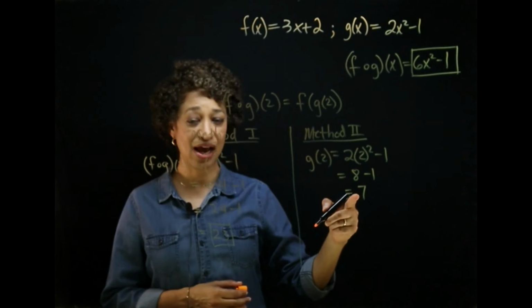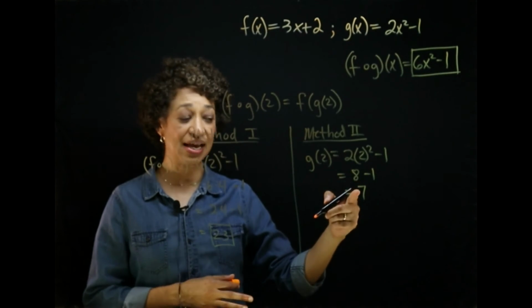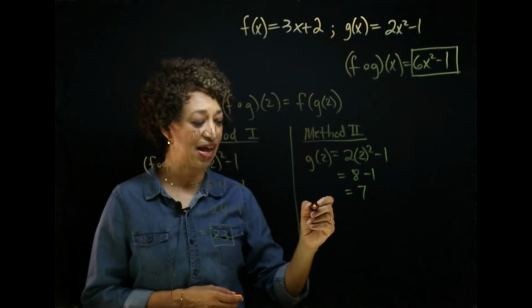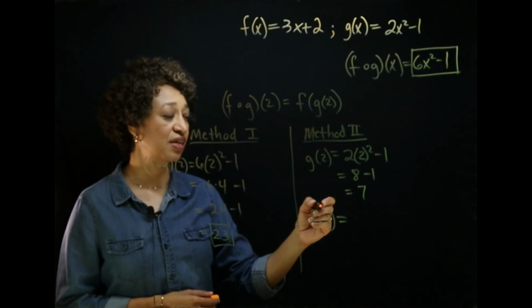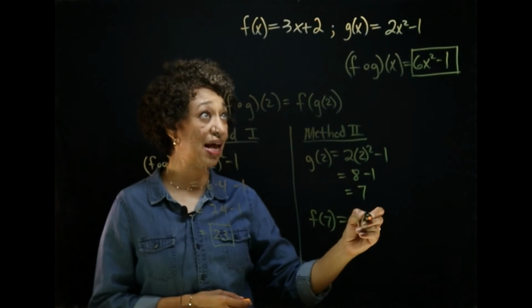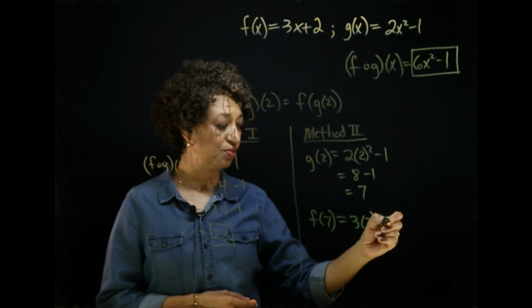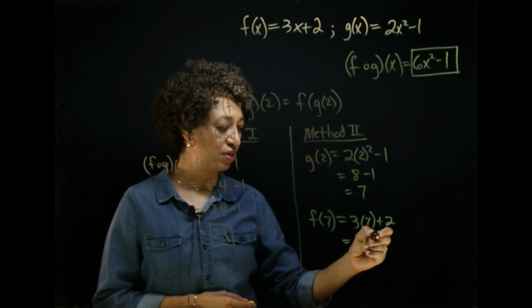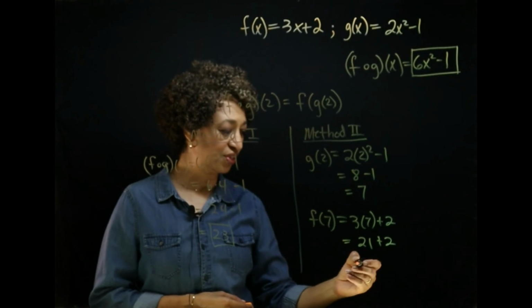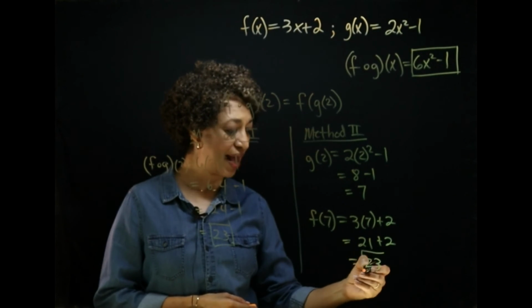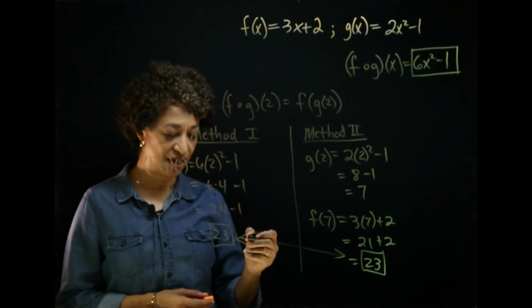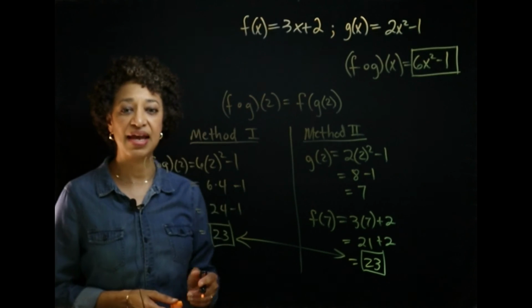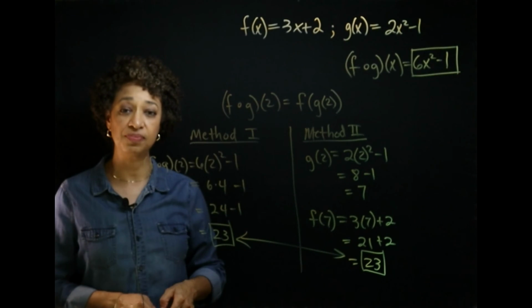Okay, so that's what I got for g of 2. Now I'm going to take that 7 and put it inside of x. So we take f of 7, and that gives us 3 times 7 plus 2, which is 21 plus 2, which is 23. Hey, we get the same thing. Yay, they're the same. So that is how we find f of g of 2.